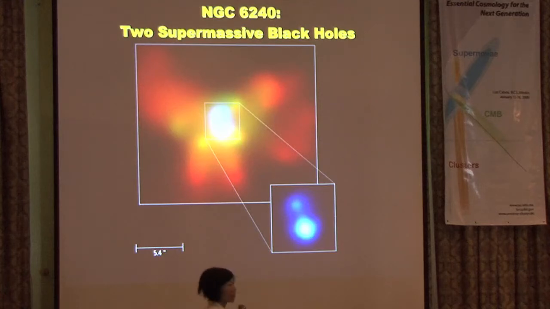And if they could lose more energy through kicking of stars and so on, they could perhaps form a bound system. And then if you can lose even more energy and solve the final parsec problem, you can actually have the two black holes coalesce. And this is considered the primary source for gravitational radiation for the upcoming LISA satellite.